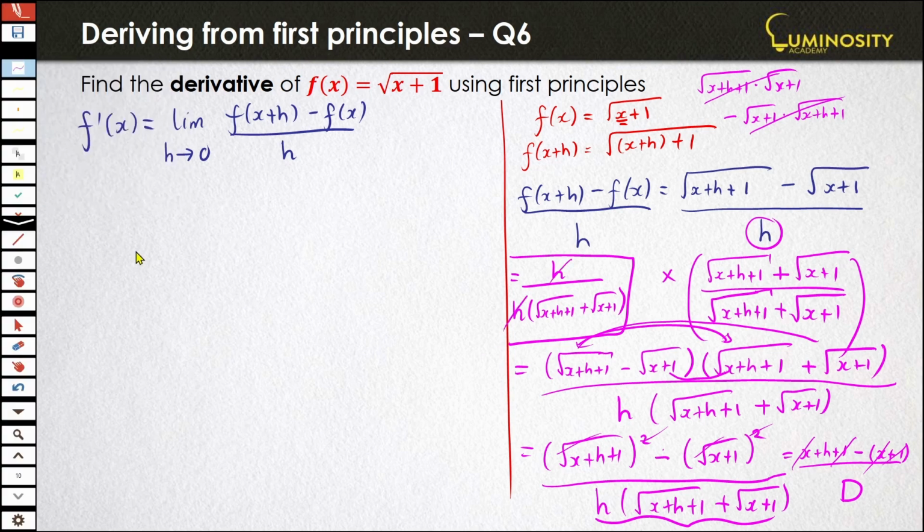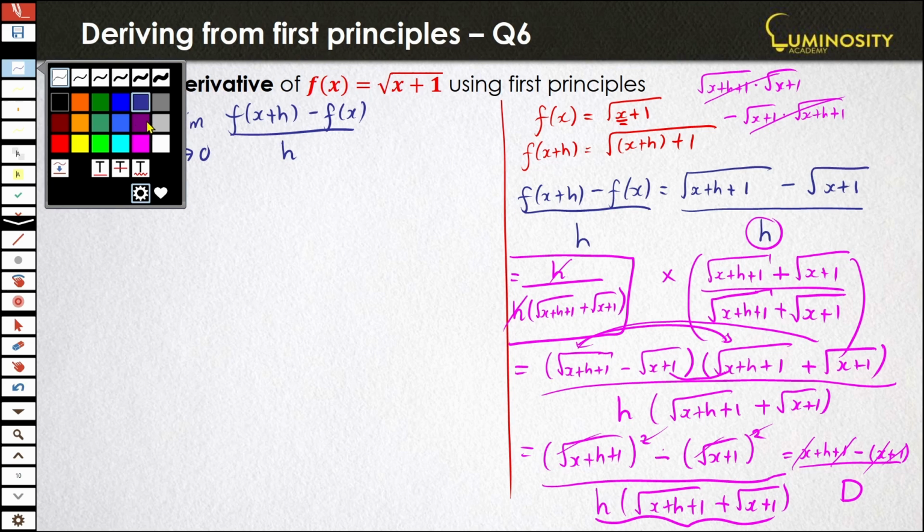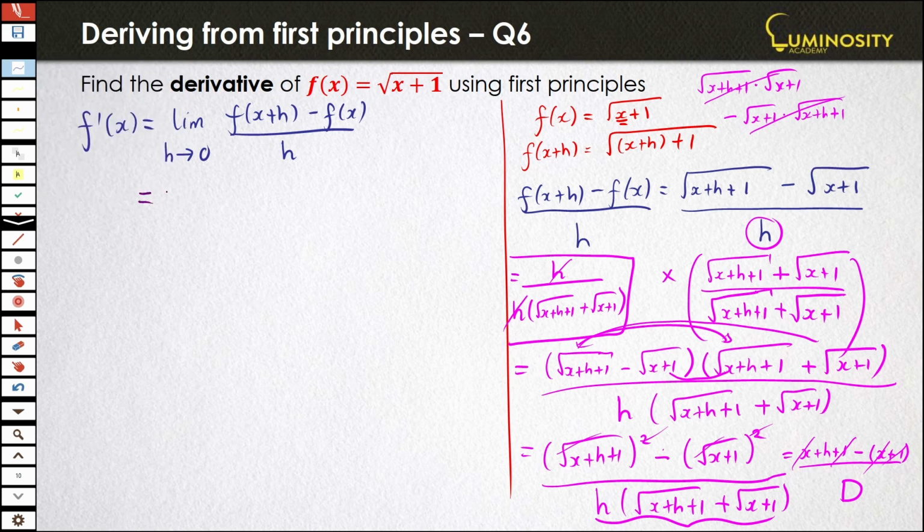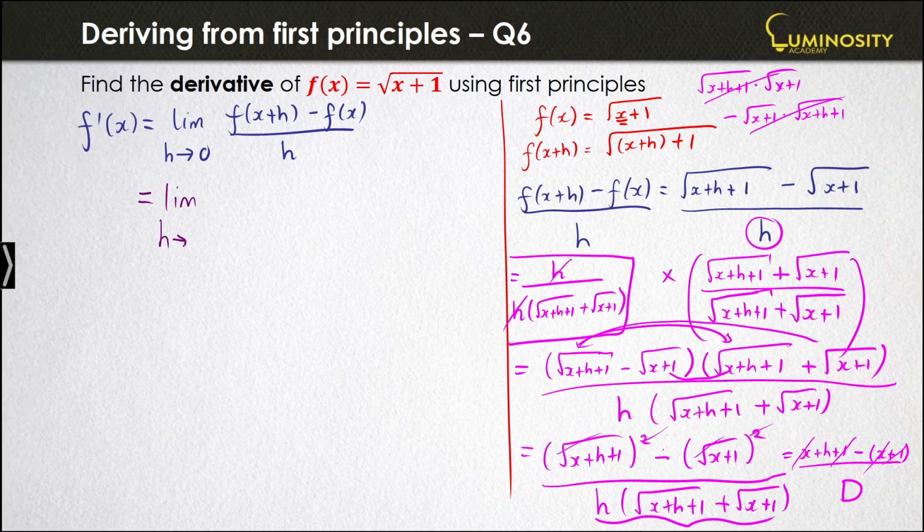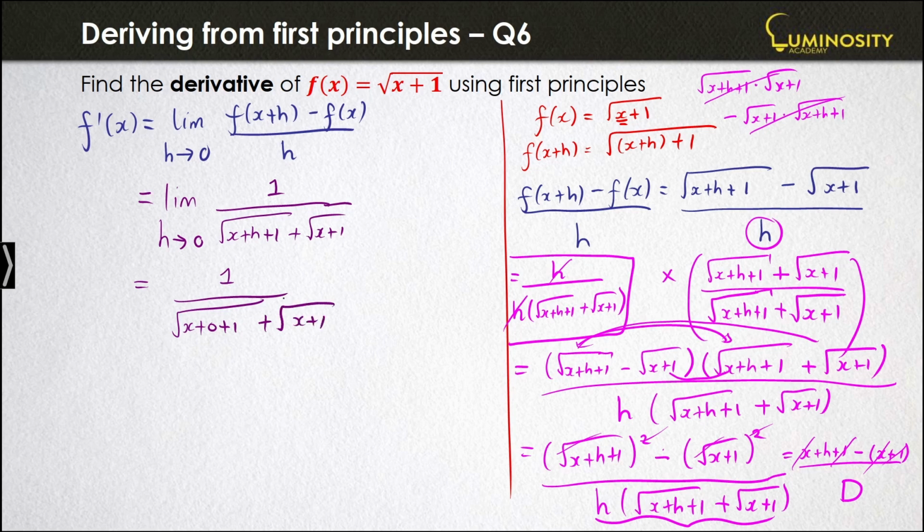And lastly and finally, we can now evaluate the limit at long last. It's the limit as h approaches 0 of 1 over the square root of x plus h plus 1 plus the square root of x plus 1. Now I can evaluate the limit. It's 1 over the square root of x plus 0 plus 1 plus the square root of x plus 1.